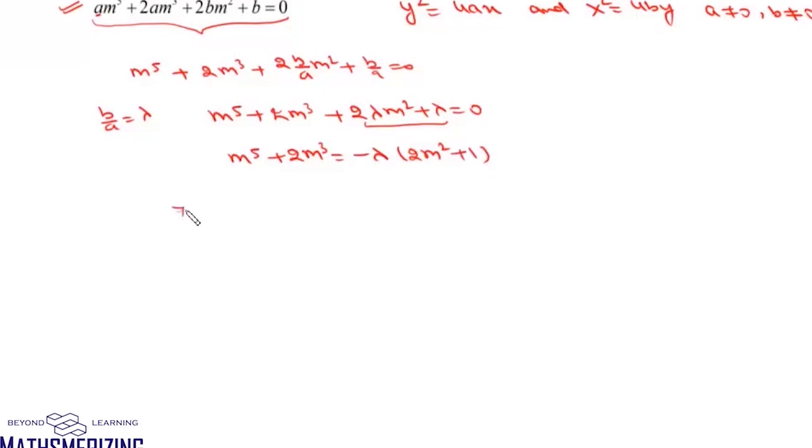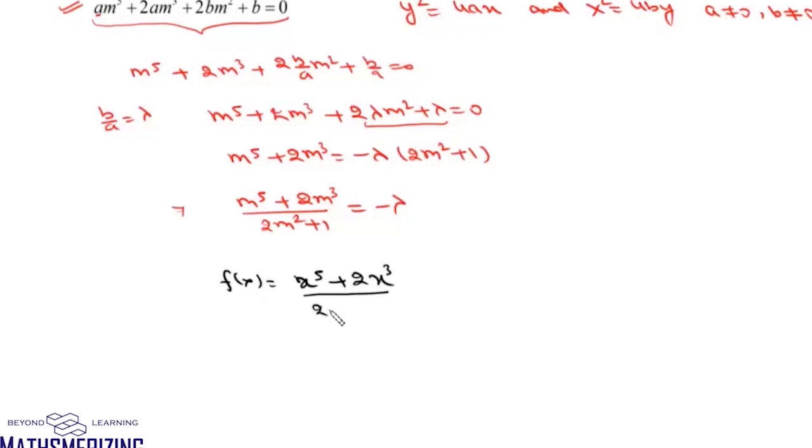So we can rewrite this equation as m to the power 5 plus 2m cube upon 2m square plus 1 equals minus lambda. Now, if we consider a function f(x), which is x to the power 5 plus 2x cube upon 2x square plus 1, the domain of this function is x belongs to R.